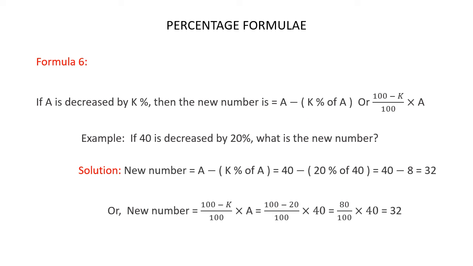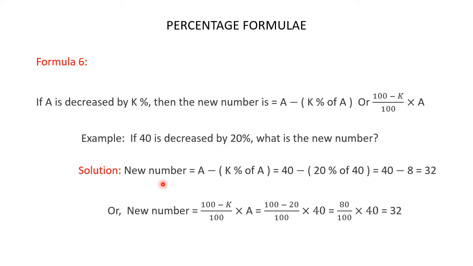So if A is decreased by k%, then the new number is A minus k% of A, or the new number is equal to 100 minus k divided by 100 multiplied by A. Let's understand this with an example. If 40 is decreased by 20%, what is the new number?